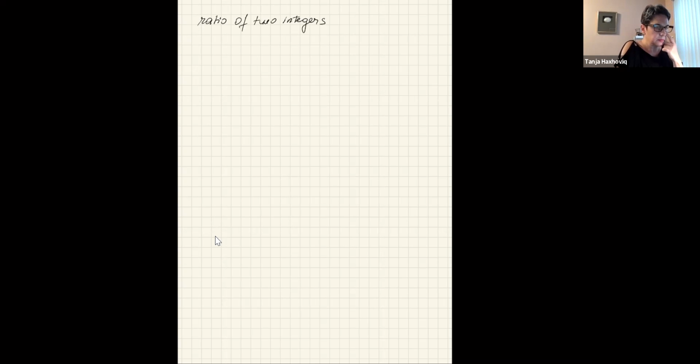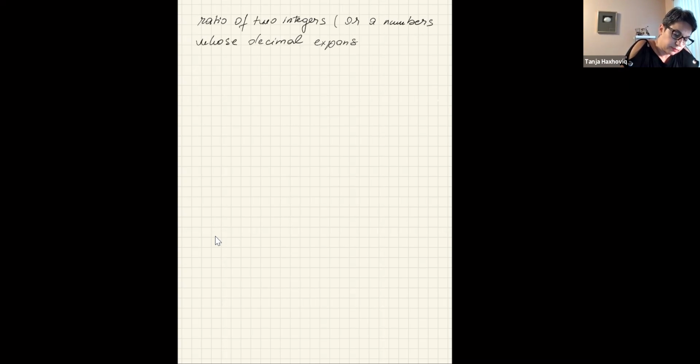Or a number whose decimal expansion never ends and it does not have a repeating pattern.